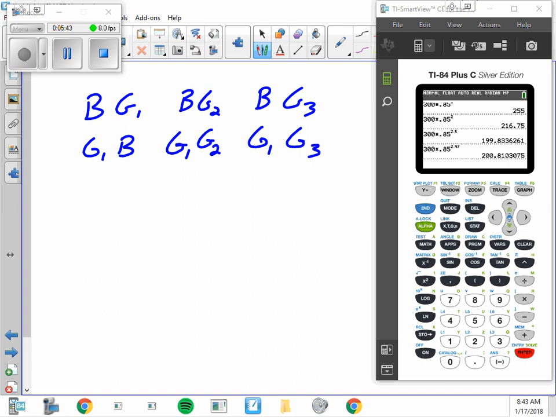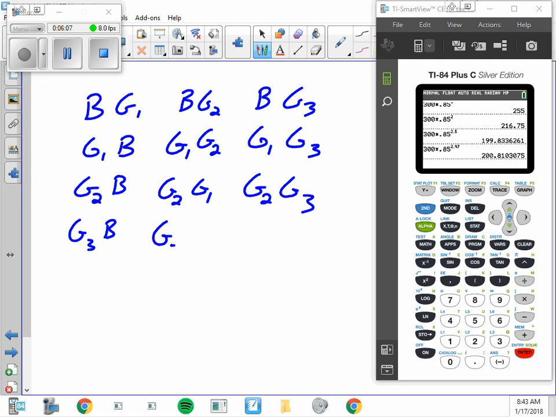What's another way to do it? G2, B, G2, G1, and G2, G3. Have I covered everybody? Nope. I need to start with G3. So G3, B, G3, G1, G3, G2.